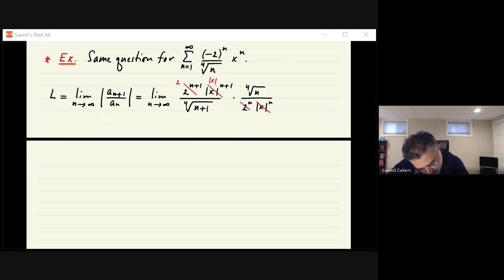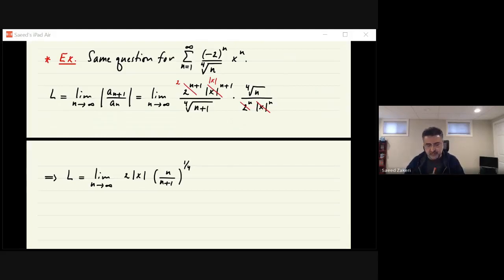So after simplifying, the overall expression will be 2 absolute value of x times the fourth root of n over n plus 1, which I can write as n over n plus 1 to the power 1/4, because drawing this big radical is complicated.